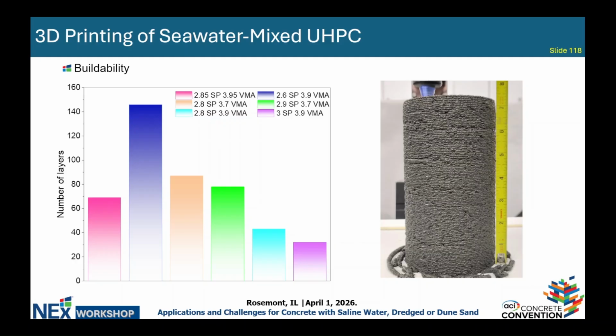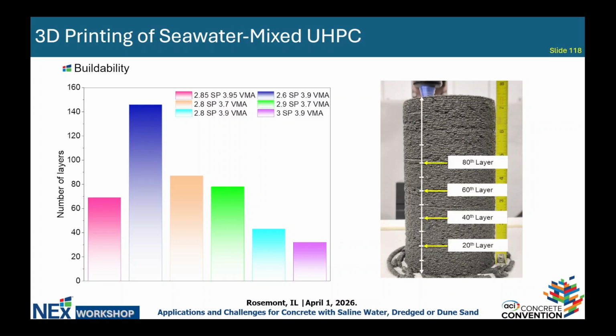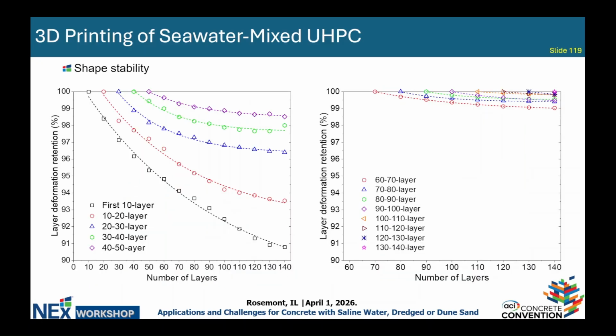Another piece of work based on this is the deformation of the layers. Because we have so many layers, to guarantee the accuracy of the analysis, we analyzed the deformation of every 10 and every 20 layers, and this is the result. As you can see, the first 10 layers show the highest deformation. This is understandable because it has over 130 layers above it.